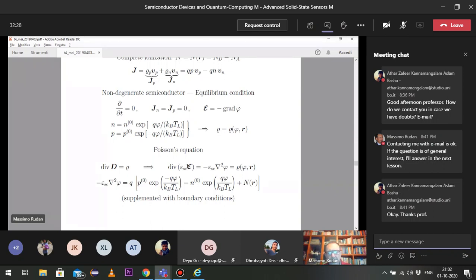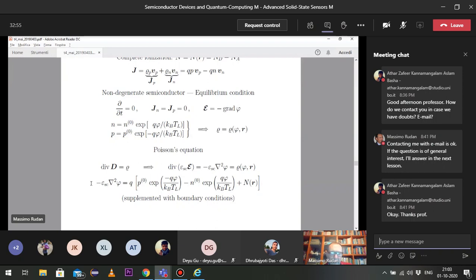And E is minus the gradient of phi. So when you replace this into the expression of this divergence, you find the last line of the page in which the left-hand side is minus the permittivity times the Laplacian of the electric potential.